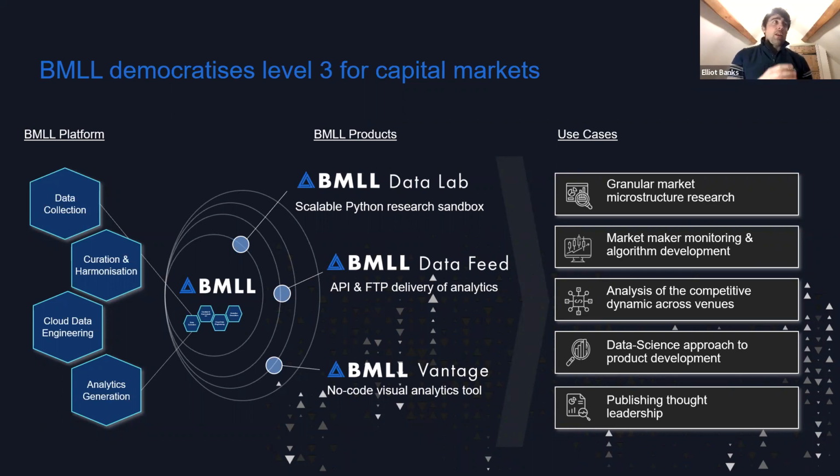I'll explain what level 3 is in a minute, but it's essentially every single order, the most granular record of data that comes across on exchange-driven markets. We focus on equities, ETFs, and futures, and for this talk, I'll be focusing on equities and ETFs because that's where a lot of the structural changes are happening at the moment.